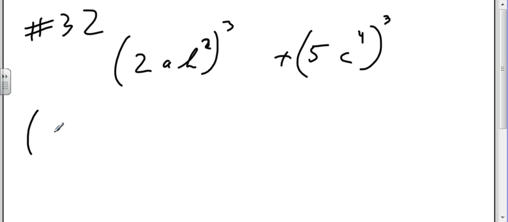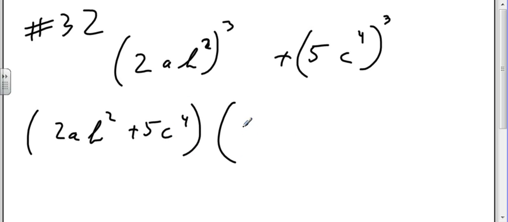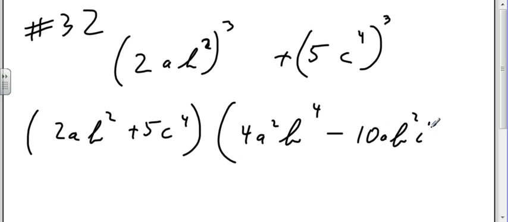So our answer is 2ab squared plus 5c to the 4th times 4a squared b to the 4th minus 10ab squared c to the 4th plus 25c to the 8th.